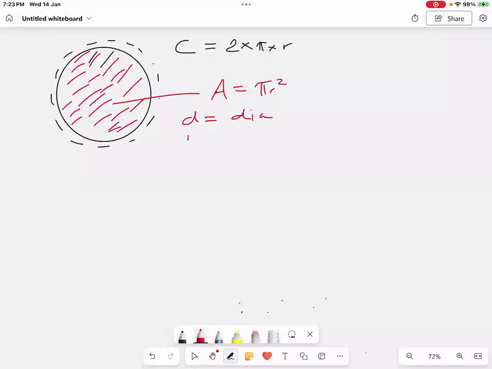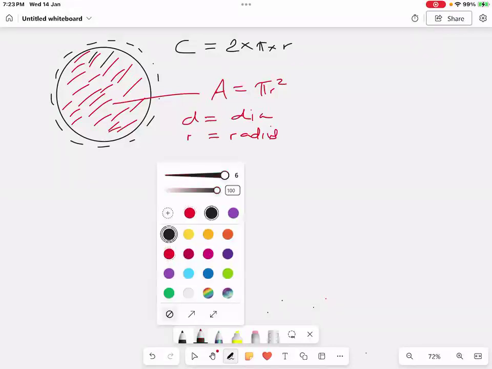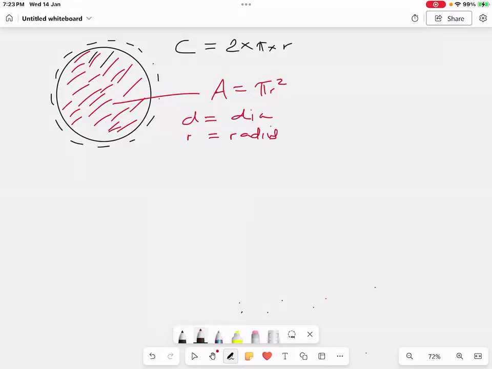And we also looked at the letter R, which is the radius, which is basically a line that is drawn not through, but from the center of the circle. We also looked at the fact that there's a relationship between D and R. So we said that D is equal to 2 times R. And we also looked at the fact that R is equal to D divided by 2.